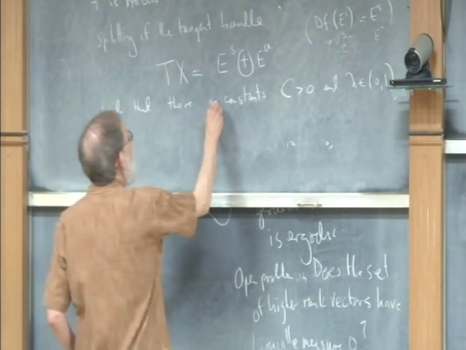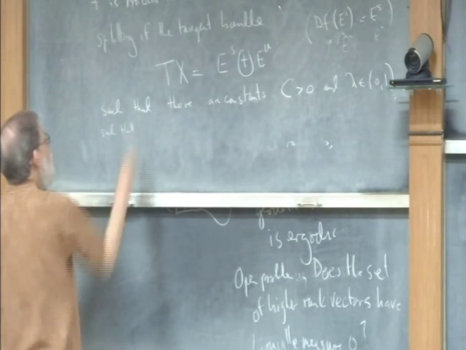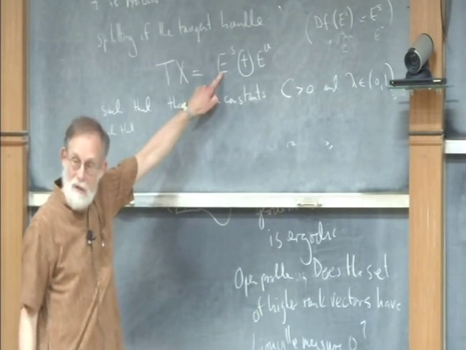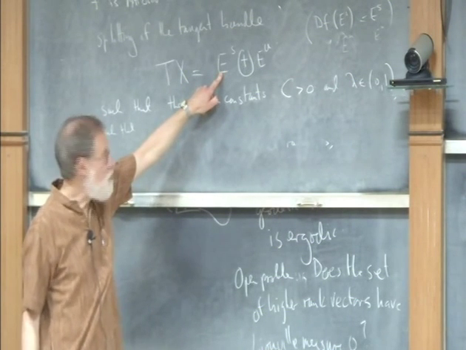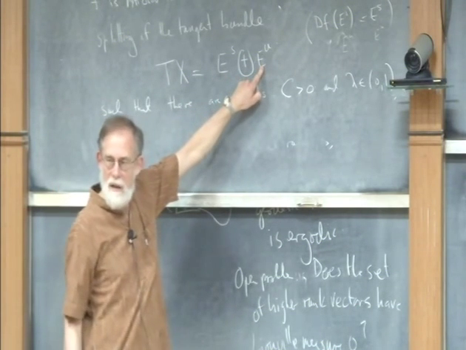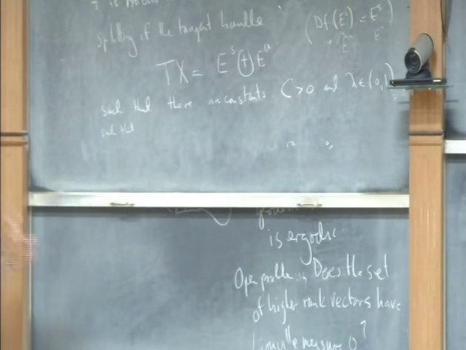So there are constants C and lambda. Now we finally get to the punchline. The idea is that vectors in here shrink exponentially as you apply the diffeomorphism going forwards. And vectors in here shrink exponentially as you apply the diffeomorphism going backwards.